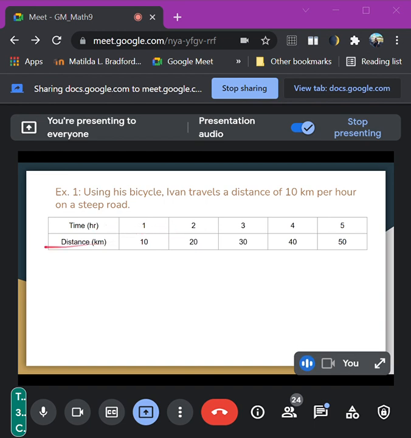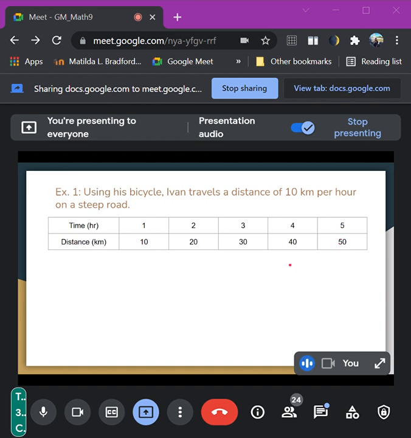For 1 hour, the distance he travels is 10 kilometers. For 2 hours, the distance is 20 kilometers. For 3 hours, 30 kilometers. For 4 hours, 40 kilometers. And for 5 hours, he travels 50 kilometers.